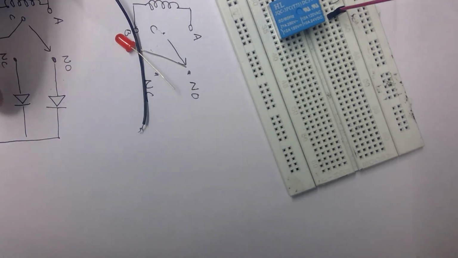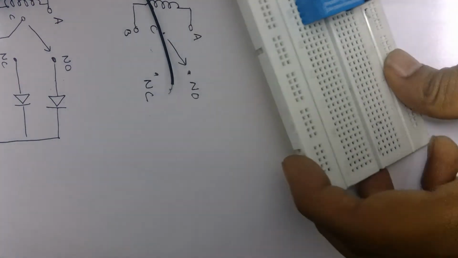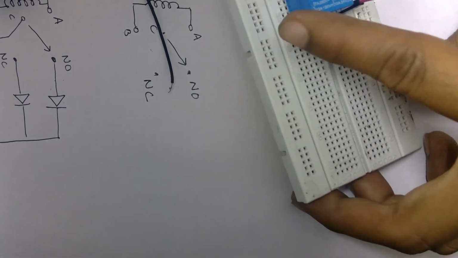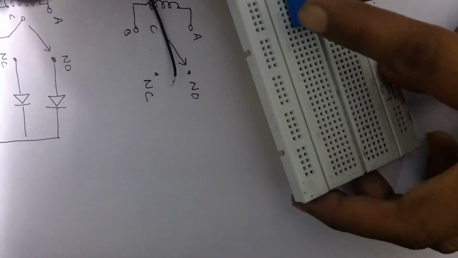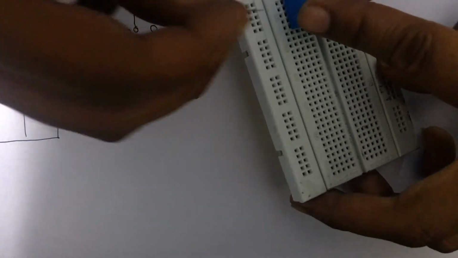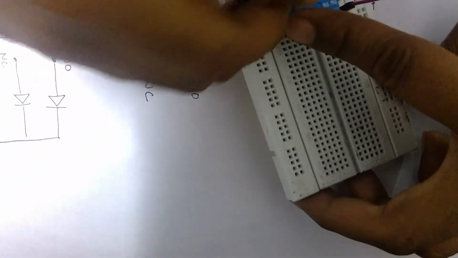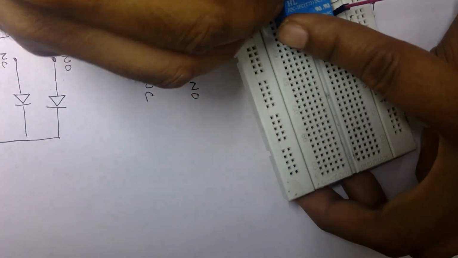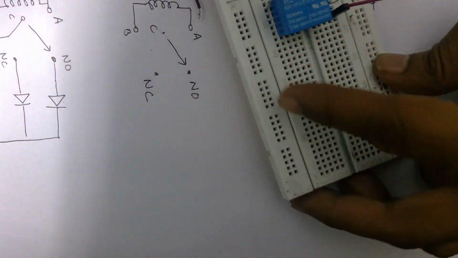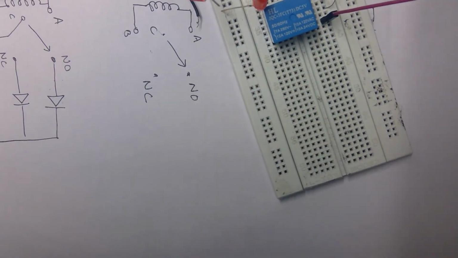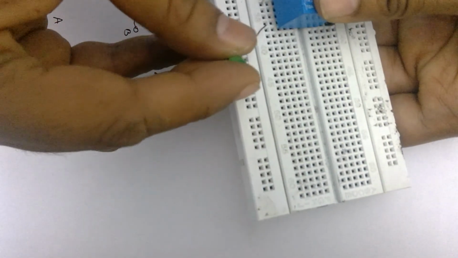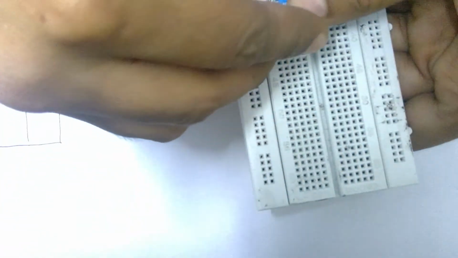Now as you can see, the negative of the LED needs to be connected to our normally open and normally closed points, and since we haven't determined that yet, I'm going to randomly assign them right here. Got one, and we take LED number 2. The longer side is the positive, and we place it here.